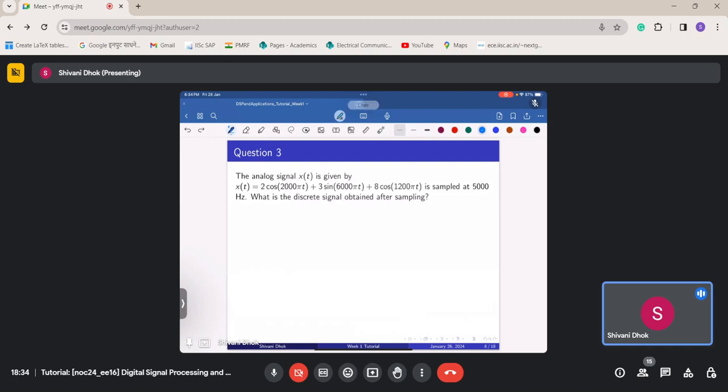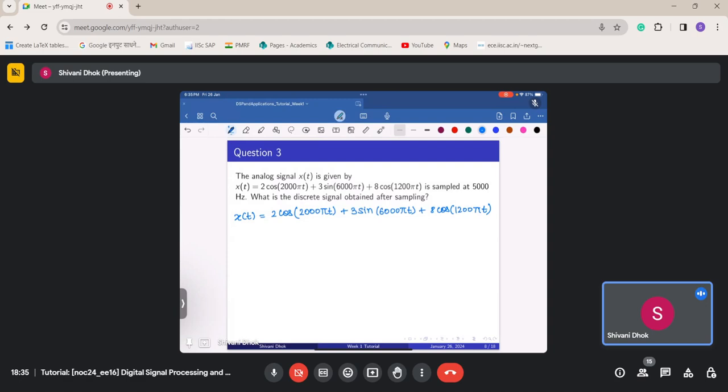So the signal that we are given is x(t) = 2 cos 2000 pi t plus 3 sine 6000 pi t plus 8 cos 1200 pi t.